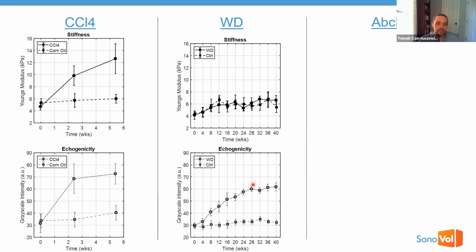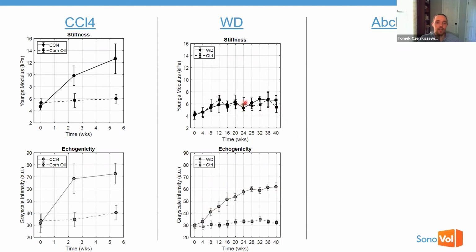We've seen a nice asymptotic rise in brightness, suggesting that the livers are becoming highly steatotic, but the stiffness has not really increased, suggesting that most of them are facing simple steatosis as opposed to slipping into that inflammatory and fibrotic NASH state.